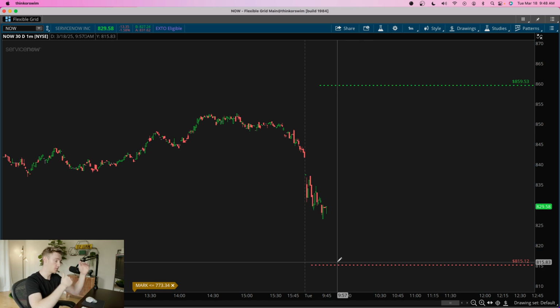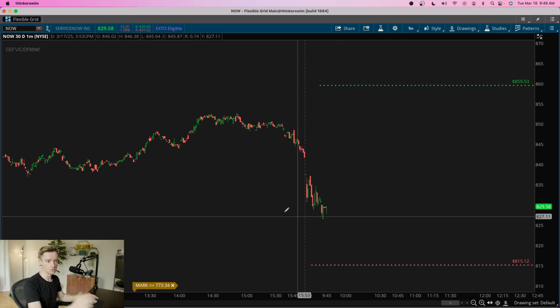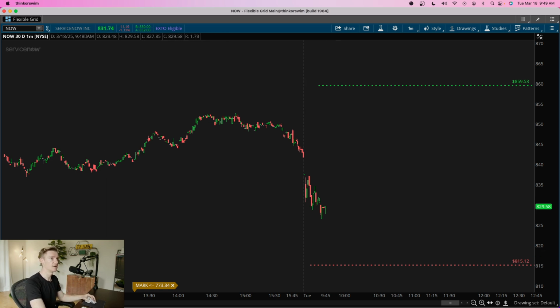So again, it's about playing with those levels. But I just want to show you guys, I don't use technical analysis anymore to make my trade decisions or manage my trades. It's all based off of historicals. Trading's all about probabilities, based off the probability of how much that stock is going to move on any given day, and making sure that's also incorporating a level of risk management.